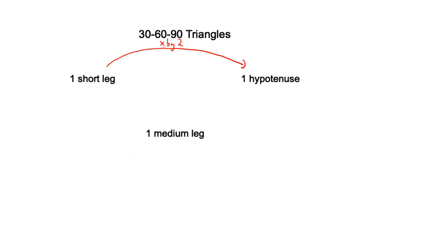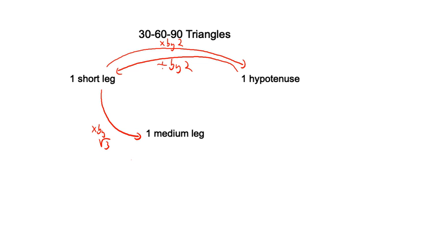All right, consequently, if I want to go backwards, if I know the length of the hypotenuse and I want to get the length of the short leg, I'm going to divide by 2. If I know the length of the short leg and I want to get the length of the medium leg, I'm going to multiply by the square root of 3.